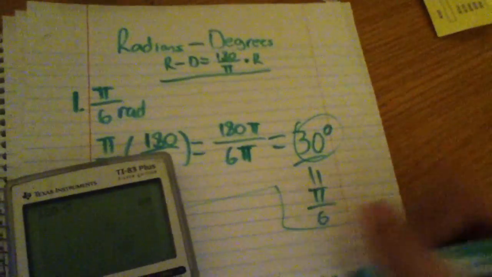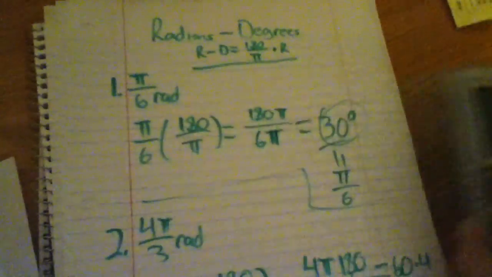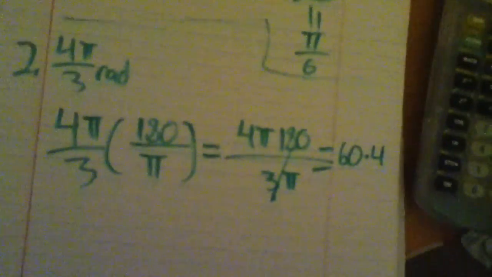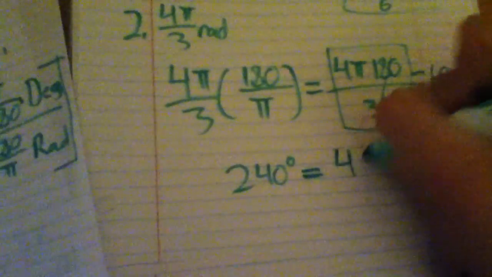That gives me 60 degrees, so 60 times 4 will give me the real amount of degrees. So 240 degrees is what I got from 4 pi times 180 divided by 3 pi. And 240 degrees is equivalent to 4 pi over 3.